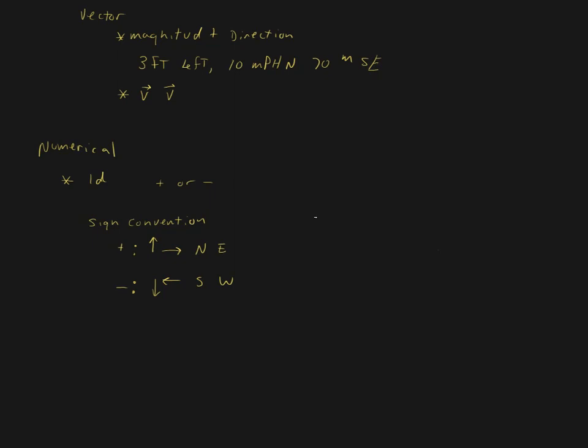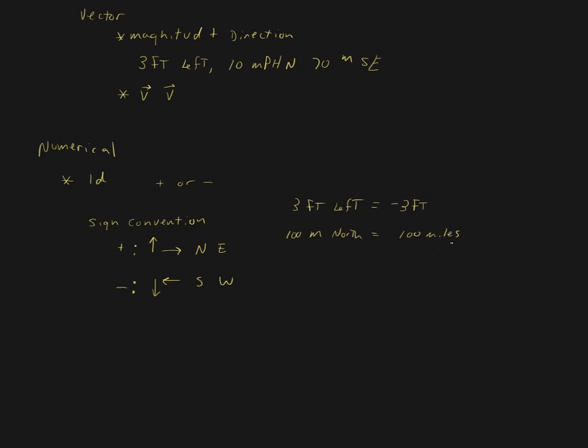So for example, we set up above 3 feet left. Well, 3 feet left would just be written as a negative 3 feet. If I said 100 miles north, then I would just write 100 miles.